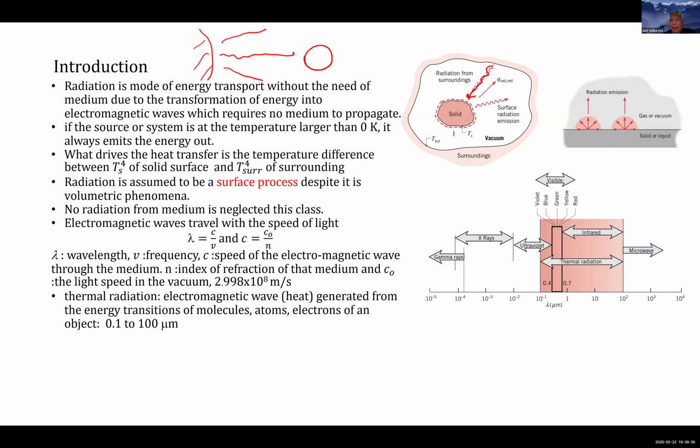Okay? And better yet, our eyes are sensitive to a particular range of wave. We can see things because light is one kind of radiation.